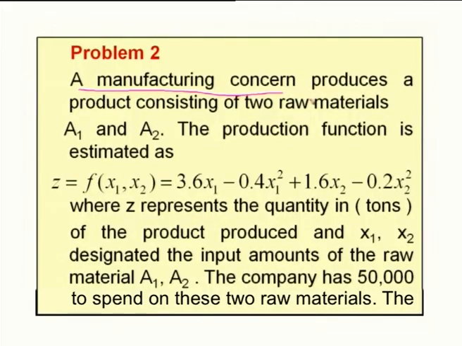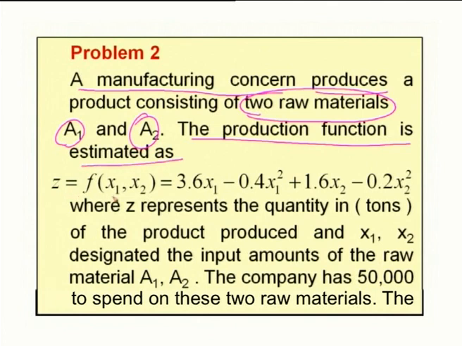The problem is: a manufacturing concern produces a product consisting of two raw materials A1 and A2. The production function is estimated as Z equal to f of x1, x2 is 3.6 x1 minus 0.4 x1 squared plus 1.6 x2 minus 0.2 x2 squared, where Z represents the quantity in tons of the product produced and x1 and x2 designate the input amounts of the raw materials A1, A2.